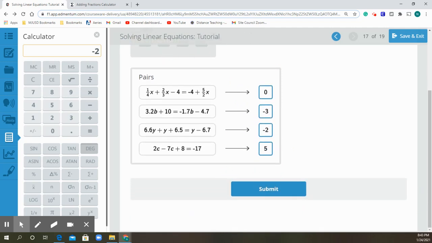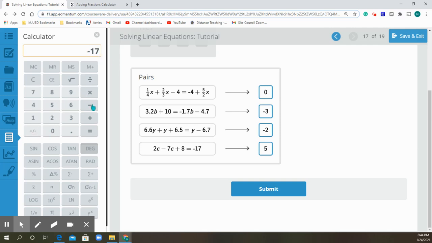But just in case, let's look at it. We're going to put 2c minus 7c. 2 minus 7 is negative 5, so negative 5c. I'm going to get rid of this 8.